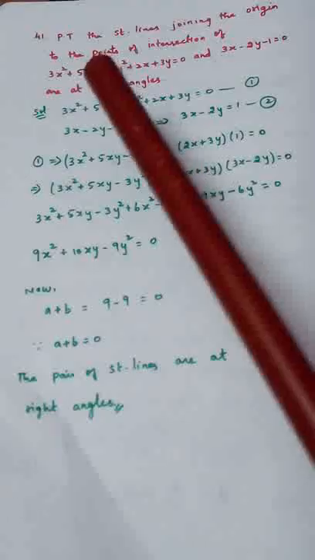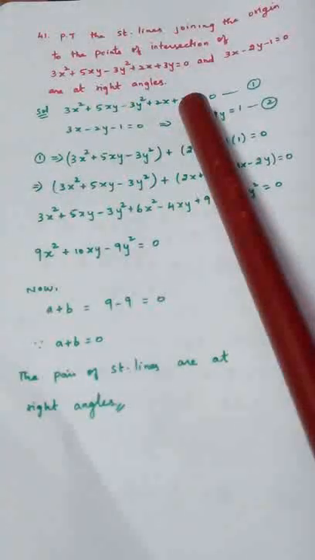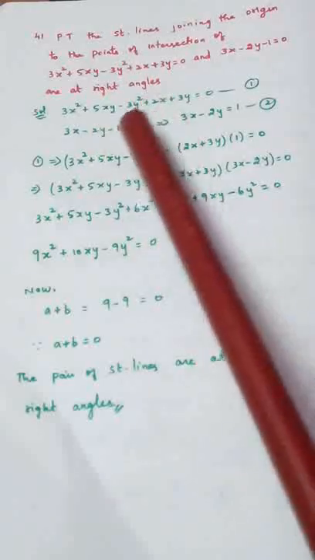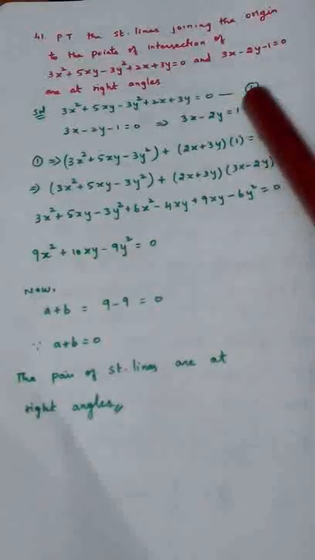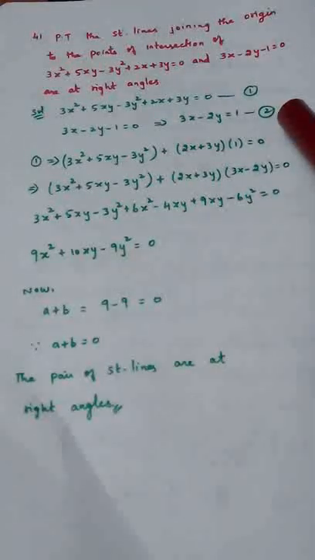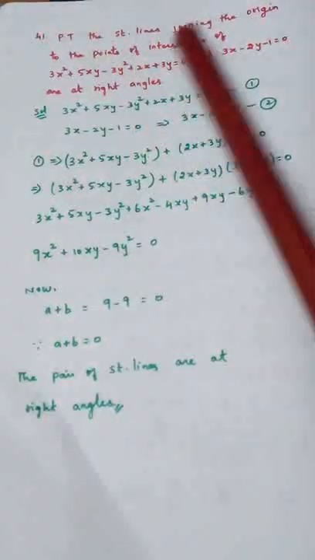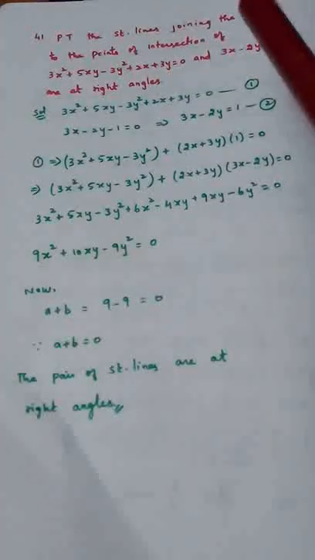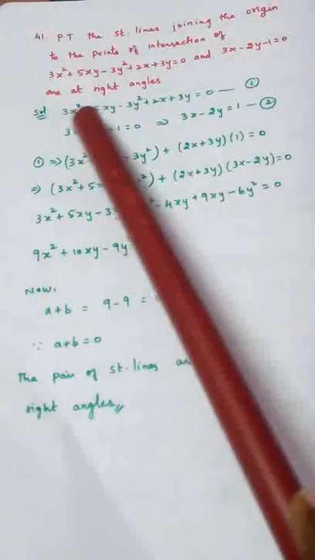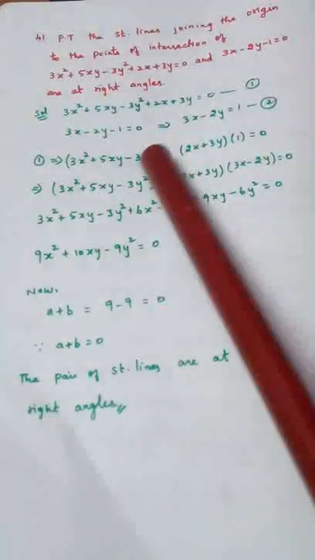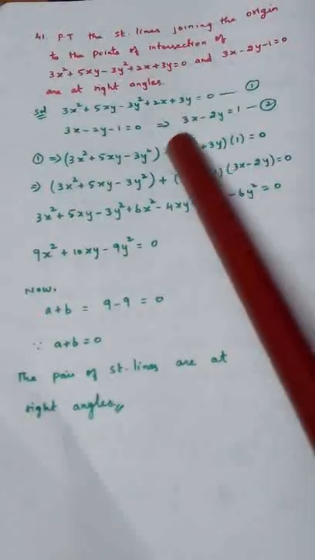So what I am going to do is first write this equation, equation number 1. The second equation is written here; just minus 1 is taken to the other side and taken as the second equation. Since I need to calculate the point of intersection of these two, I want to solve these two. So how I am solving this, just listen. From the first equation, first I am putting a bracket here for the first 3 terms, plus the next 2 terms written in another bracket.